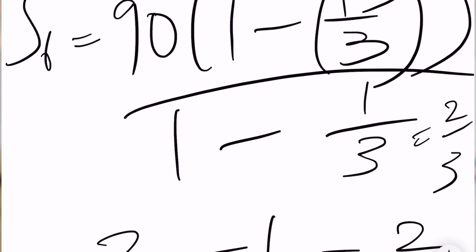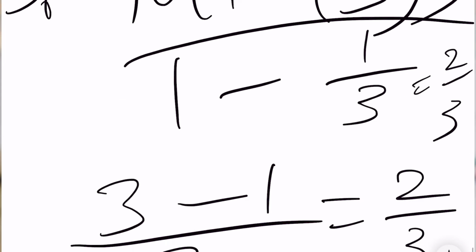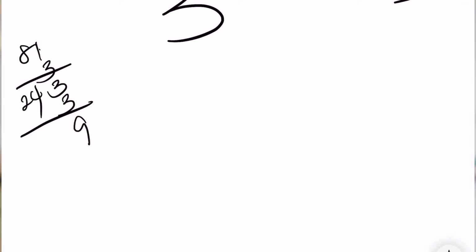Now, 1 over 3 raised to power 6. 3 raised to power 6 is 3 times 3, which is 9. 9 times 3 is 27. 27 times 3 is 81. 81 times 3 is 243, and times 3 is 729.